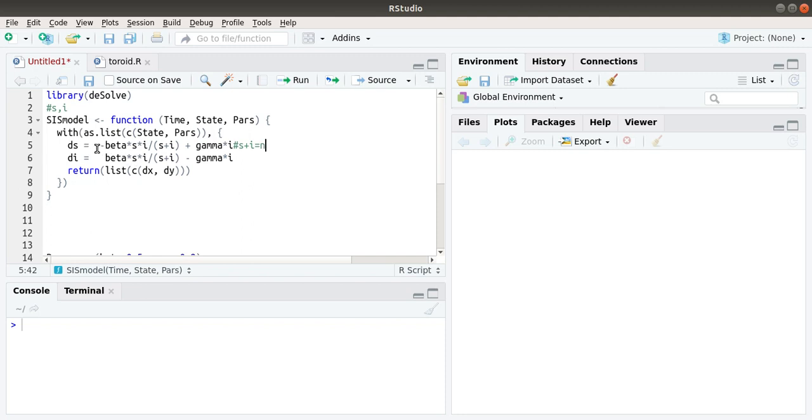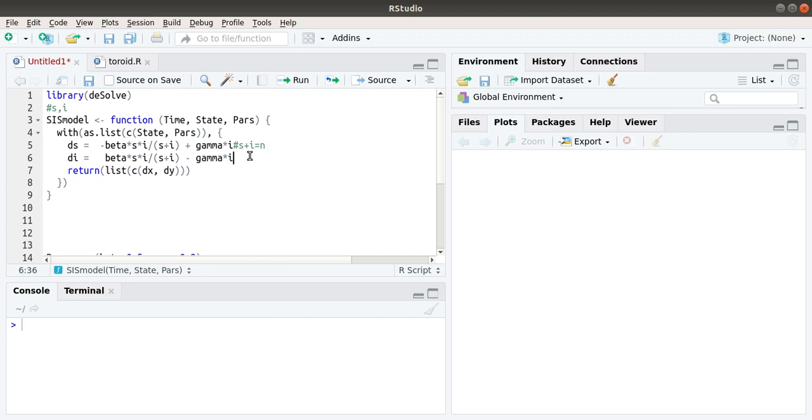That is why we have put the minus sign here, and the corresponding term is added here also. Similarly, gamma times I, where gamma means the recovery rate, that many infected people are going to the susceptible part again.